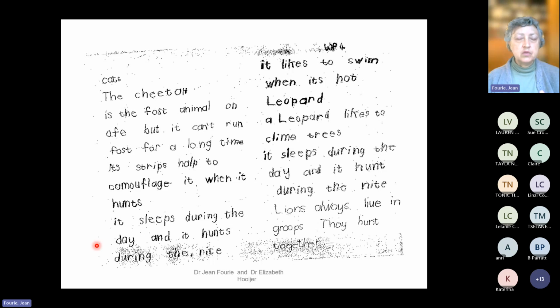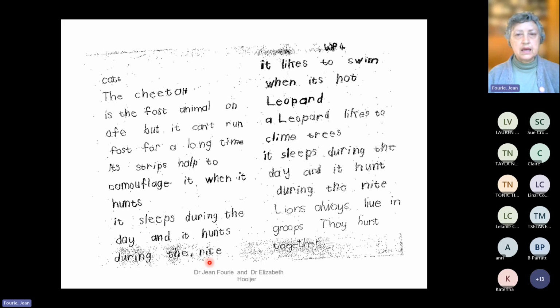Remember we had an animal that was sleeping in the trees, and we're going to say it sleeps during the day. And this is the sentence that the child and the facilitator, with a little bit of help, have made up. It sleeps during the day and it hunts during the night, spelled N-I-T-E.